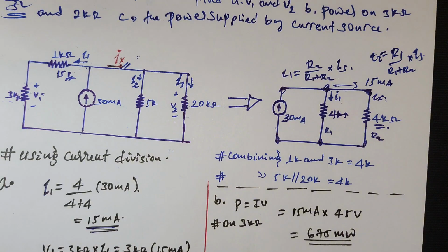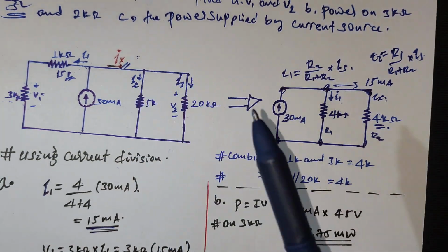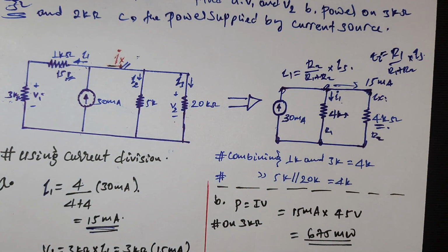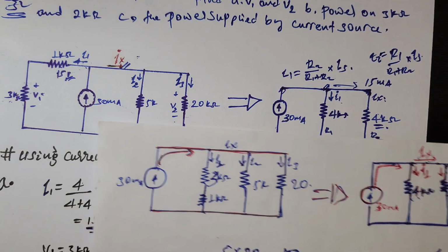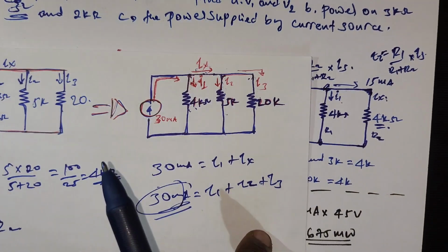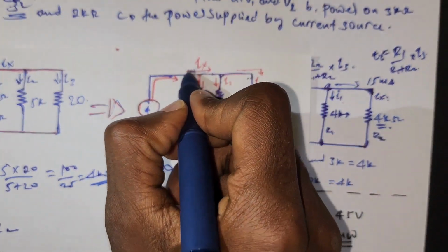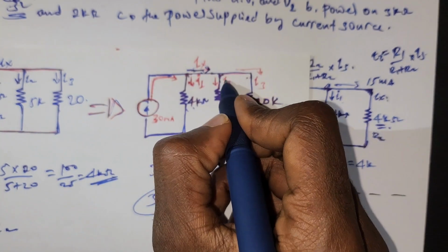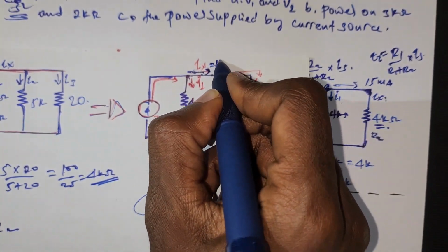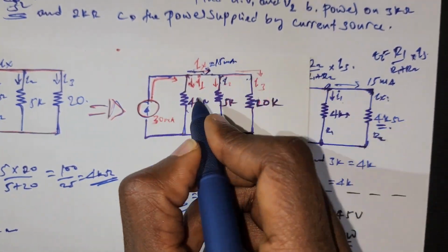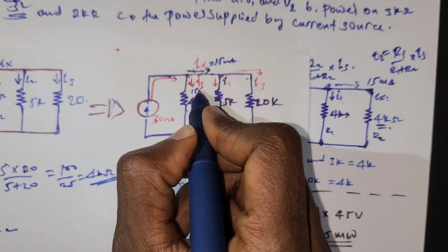Now, in order to find I2 and I3, we know that Ix is already 15 milliampere. I1 is also 15 milliampere.